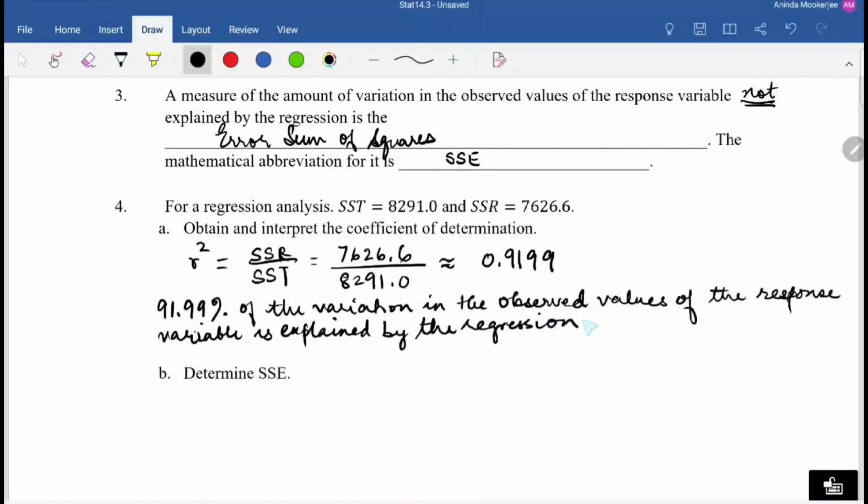Now, the fact that R squared is a value close to 1 means that the regression equation is extremely useful for making predictions.